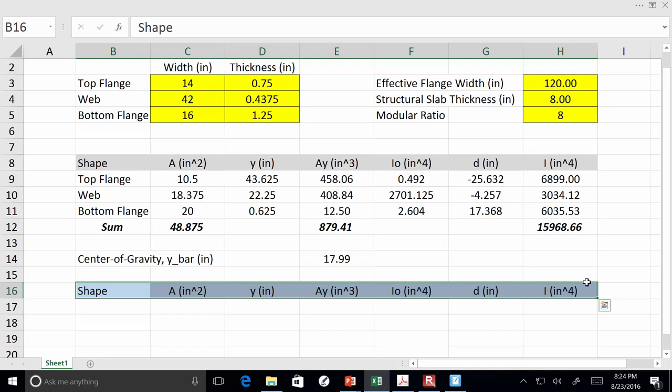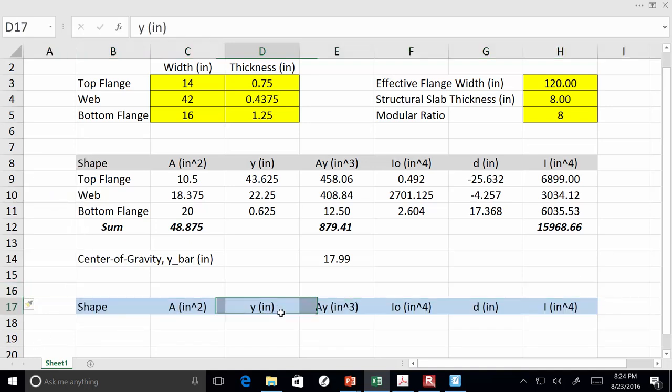Move that down a bit. Okay. All right. So now we're going to do an additional set of section properties, but we're going to look at the composite section.